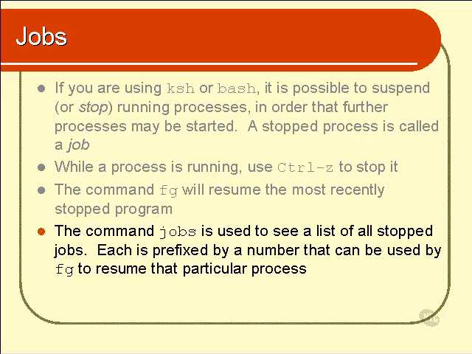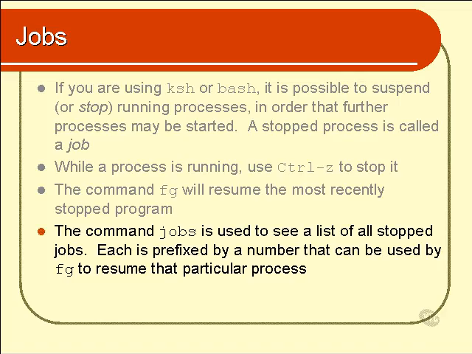The list that you see, each line will have a number at the beginning of it, like 1, 2, 3, 4, 5, for the first 5 different jobs that you have. And that number, say 3, can then be used with the fg command to resume that particular process. So you can say fg space 3 and it will resume the third process in the list.